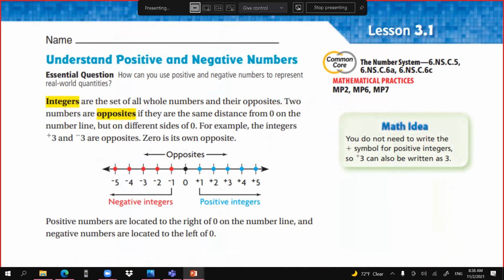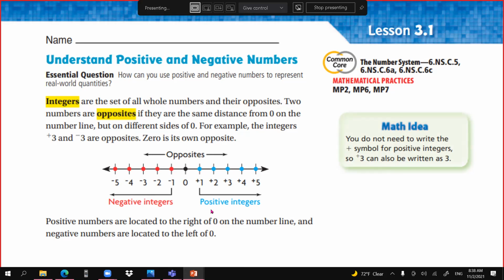Let's start now with a new vocabulary, which is integers. What do I mean by integers? Integers is the set of whole numbers that are positive and negative. What do I mean by it?